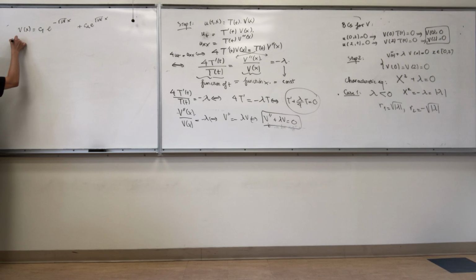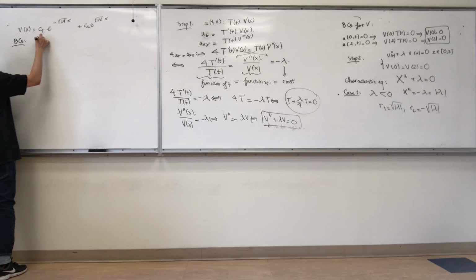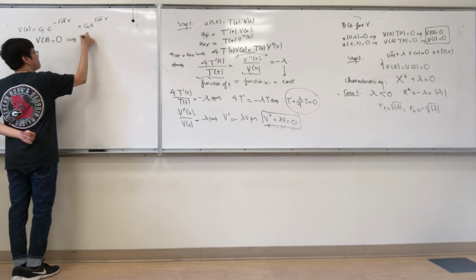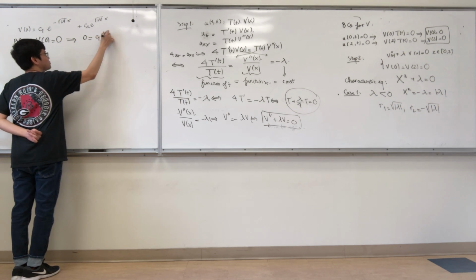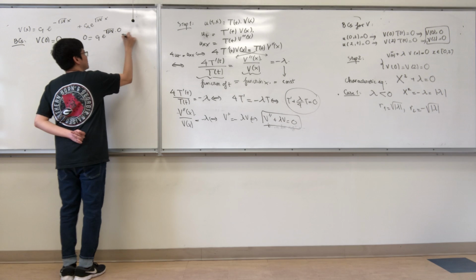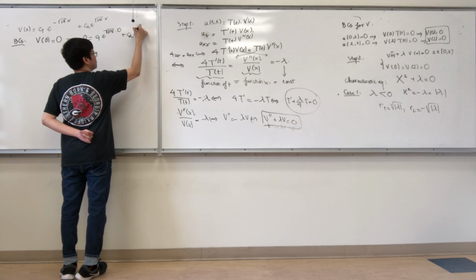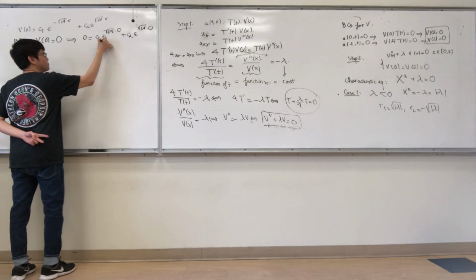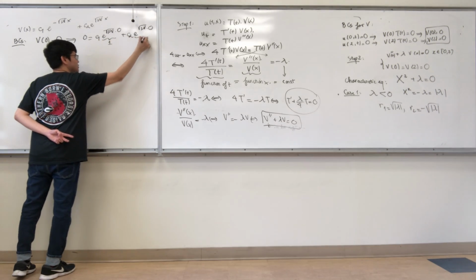Now you're gonna use the boundary condition, right? You're gonna use V of 0 is 0. So when V of 0 is 0, this means that 0 is C1 exponential of minus square root of lambda times 0 plus C2 exponential of square root of lambda times 0. So this is 1 and this is also 1.